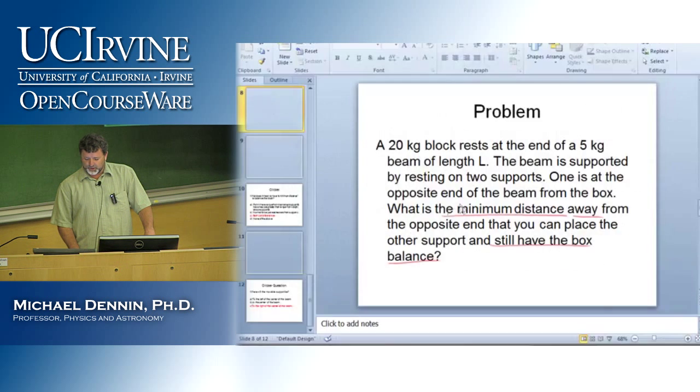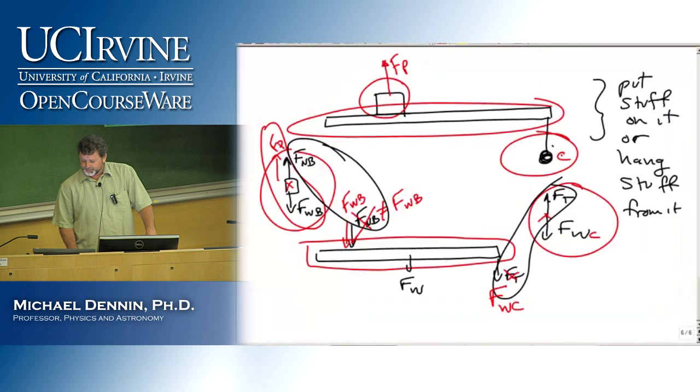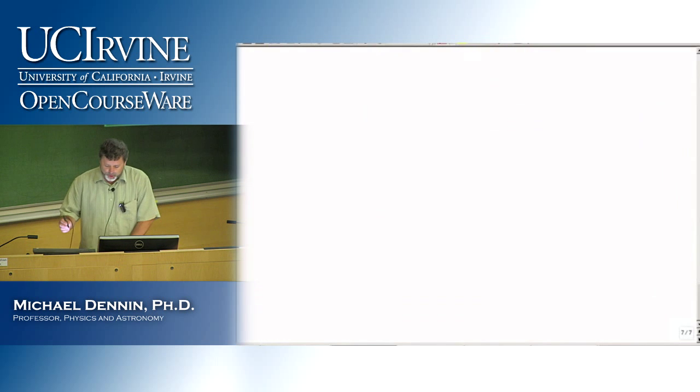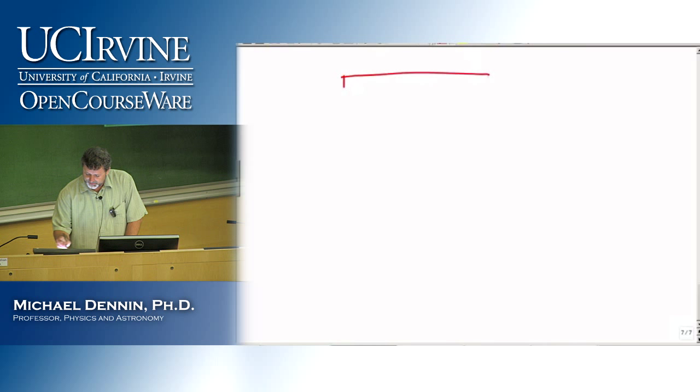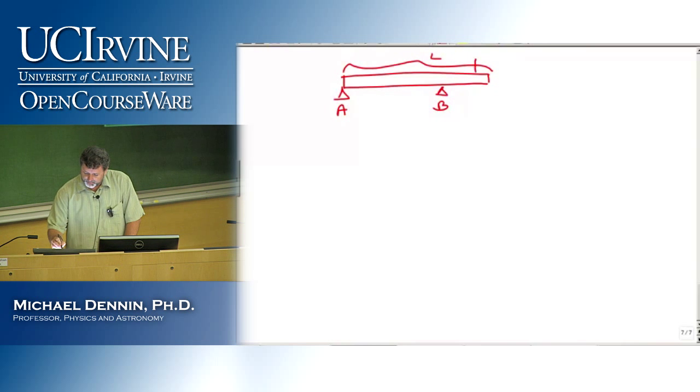So let's look at the solution to this problem. So what we have is our beam. We have point A. We have support B. The beam has some length L. And we're sticking a 20 kilogram block on the end.